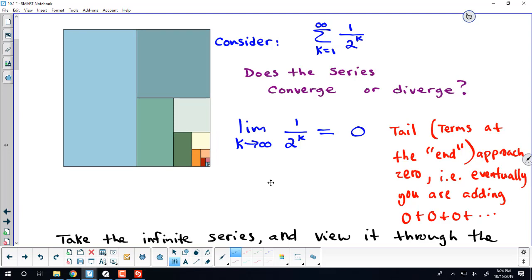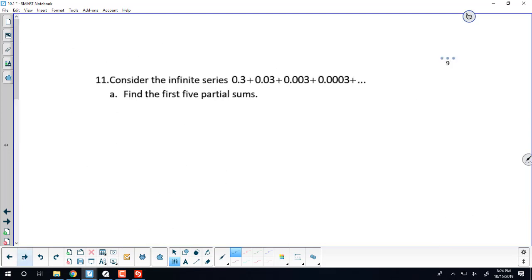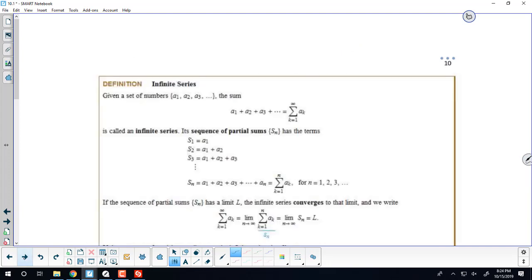So, I know that was a lot to take in, but hopefully it sort of made sense in the way we pieced it together. But the idea is that if you can come up with an explicit formula for the nth partial sum, that's kind of what this definition is spelling out. The limit of the nth partial sum is equivalent to the sum of the series.